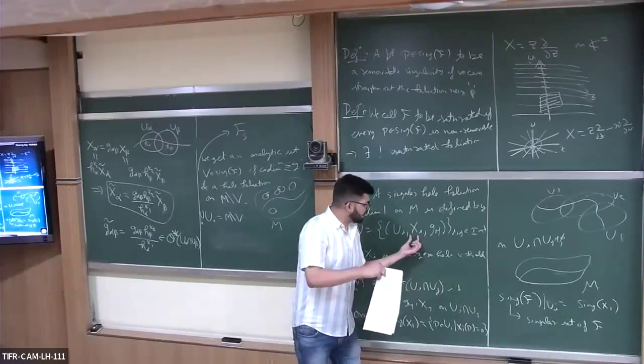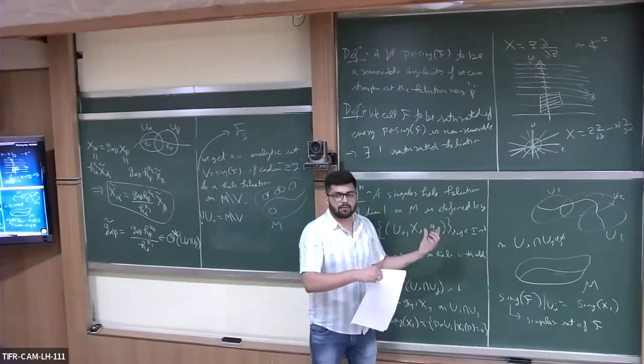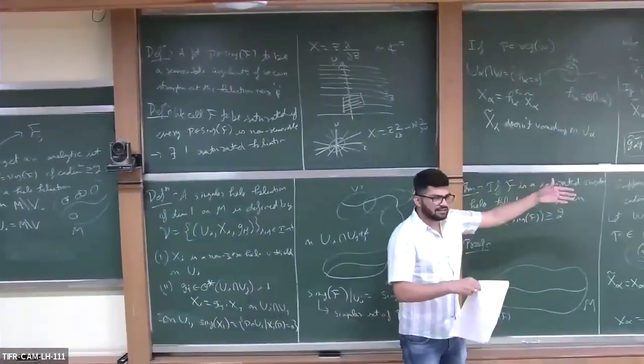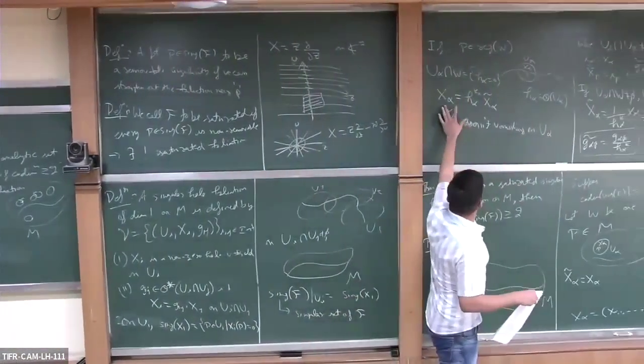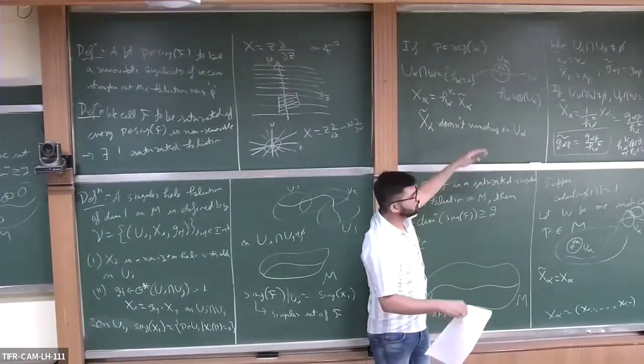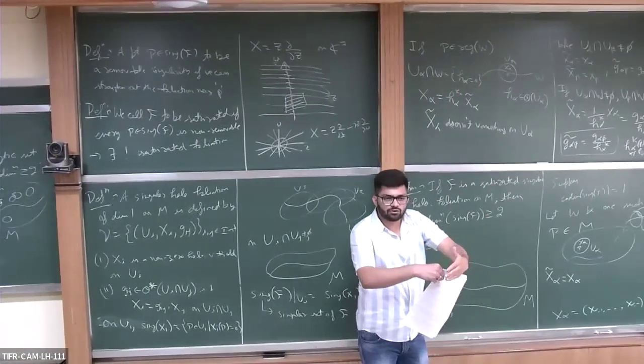I'm kind of giving you new data, but when I'm giving you this new data, locally you can see that the vector fields X_i, X_alpha and X_alpha tilde, outside some set, outside this singular set, are giving you the same solution.